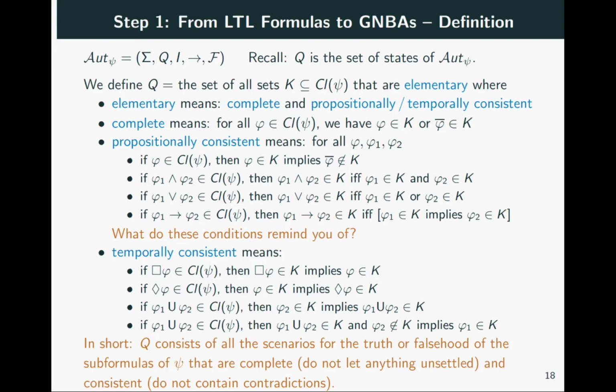So, the aspects that I mentioned last, namely the long-term behavior and the question about what's happening next, cannot be addressed by the automaton's set of states Q, but will be addressed by the transition relation and by the set of accepting sets, which we have not defined yet.